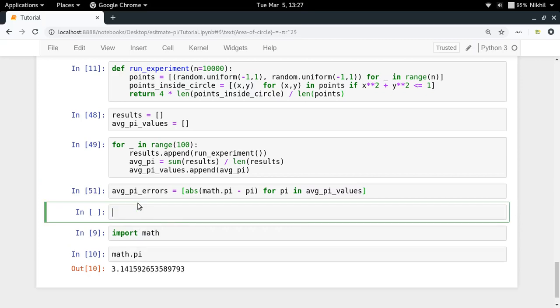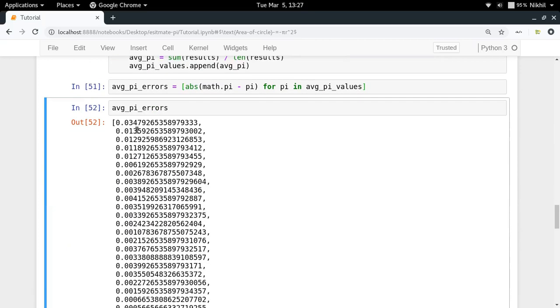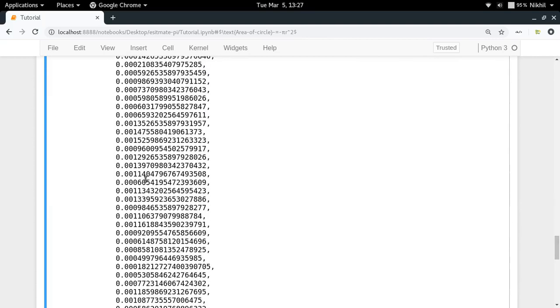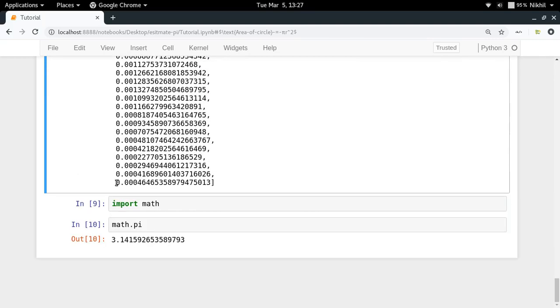So what I have achieved here is some average pi errors. Look at that. First of all, the error was 0.03, but as we went through the experiment, the error has become 0.0004. So as I keep repeating the experiment and finding the average values, my error rate is decreasing.